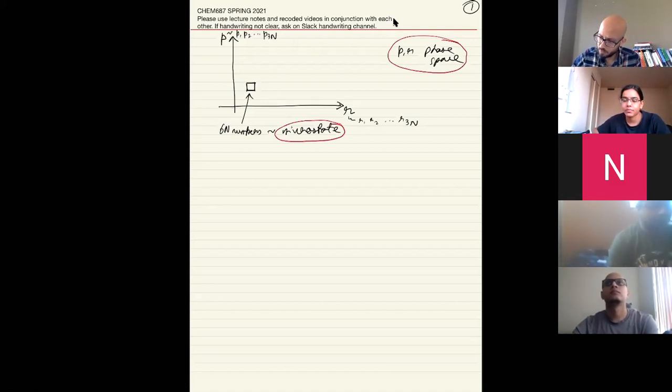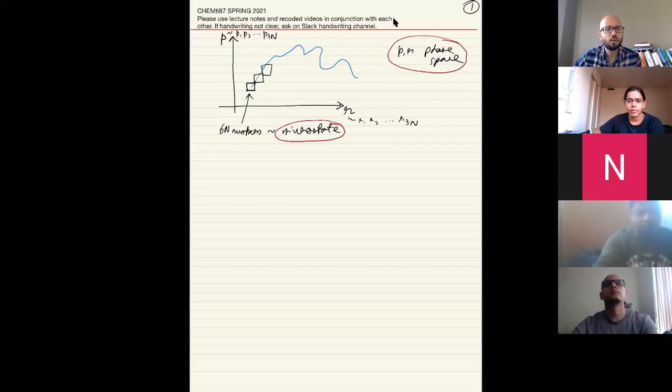Then we had this concept that if we start the system in one location in phase space and follow what it does as a function of time, it will go through different boxes in phase space. And how big is a box in phase space? Depends on our resolution, or the finest we can go comes from quantum mechanics, which is the uncertainty principle.